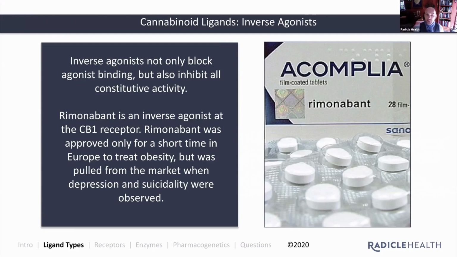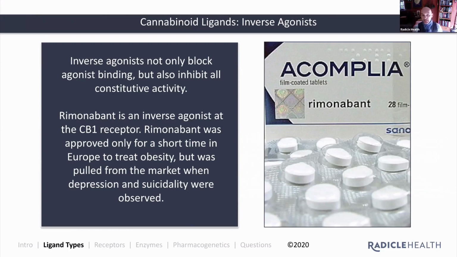Recall that CB1 modulation affects appetite. So researchers thought, maybe we can inhibit cell signaling at CB1, and maybe that would help people lose weight. It would satiate their hunger pains and suppress their appetite. It was released in 2006 in Europe.